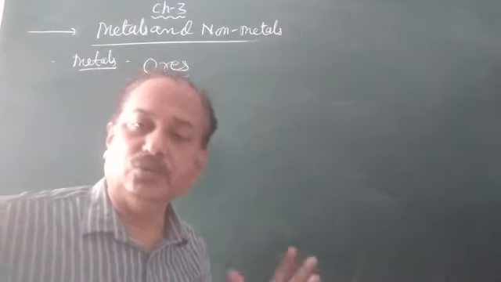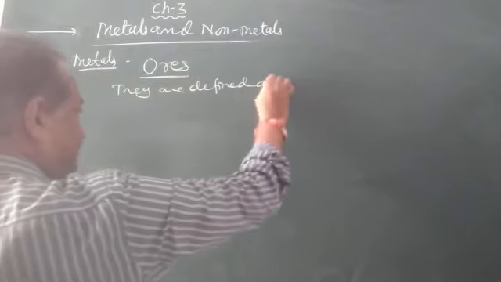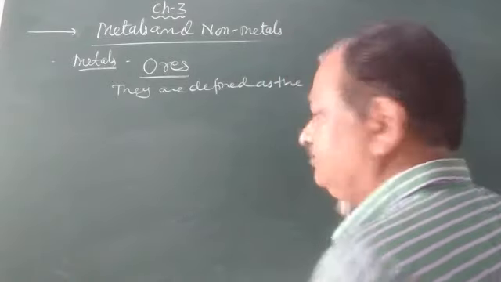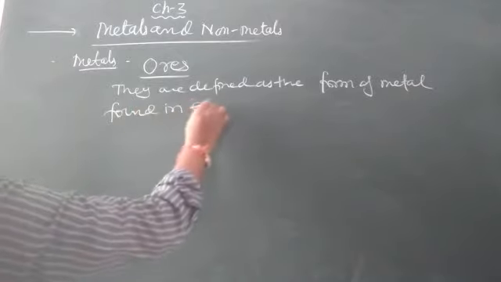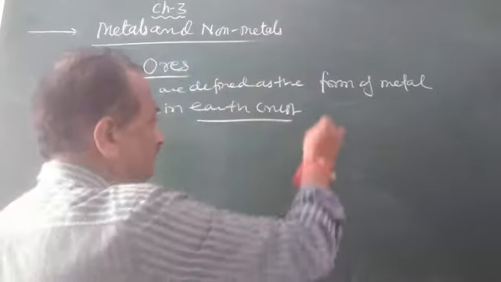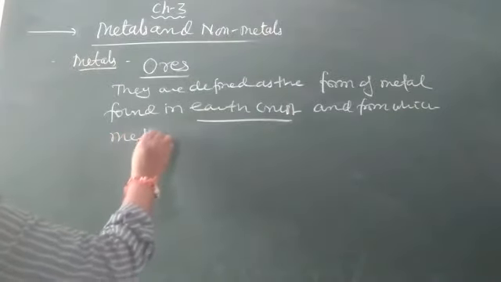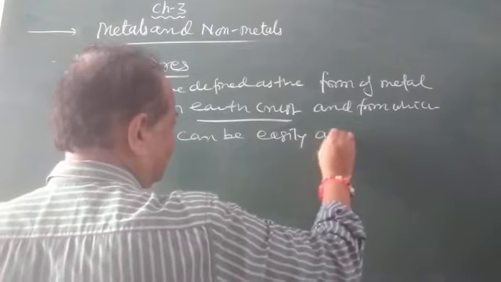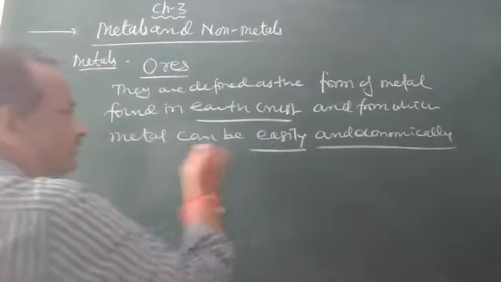Now coming to a very important part, ore. Ores are defined as the form of metal, or combined form of metal, found in the earth crust, in the mines, from which metal can be easily and economically extracted.